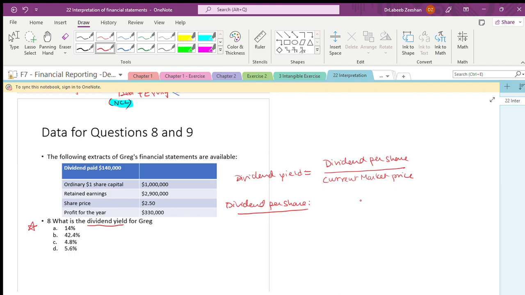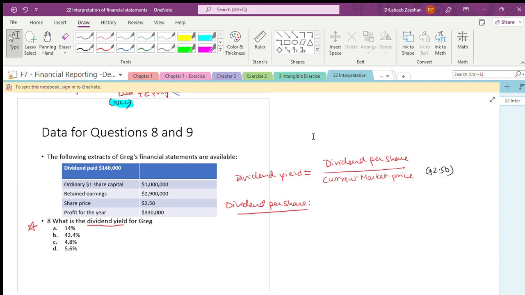They have not given dividends. They gave you the current market price, 2.5. Is it right? 2.5. One minute.